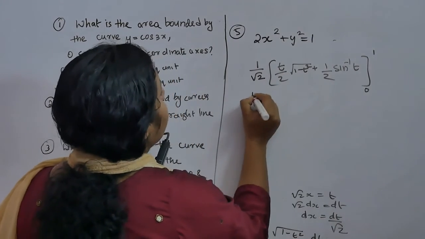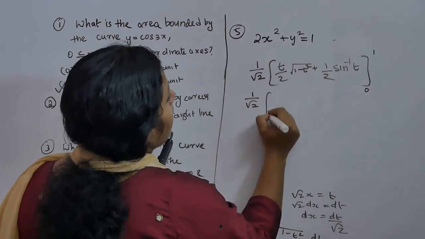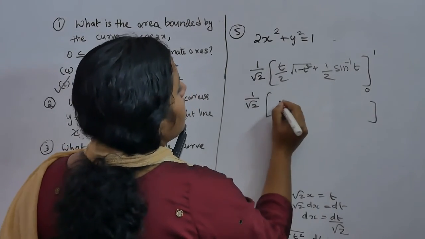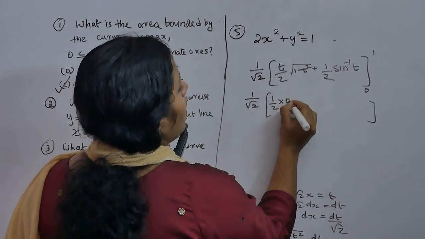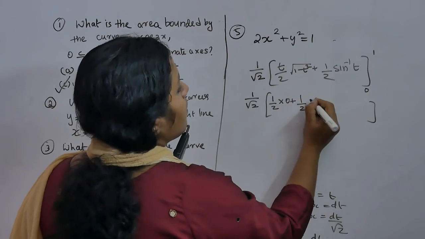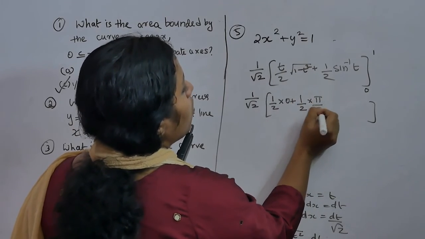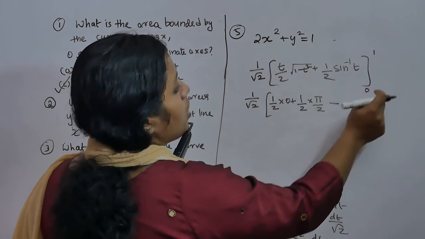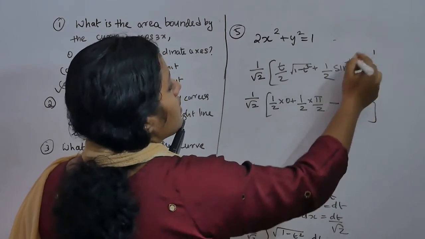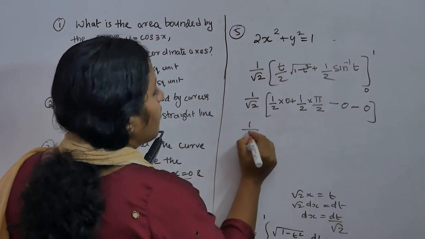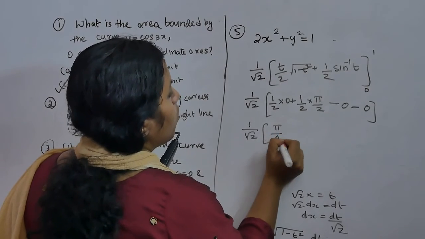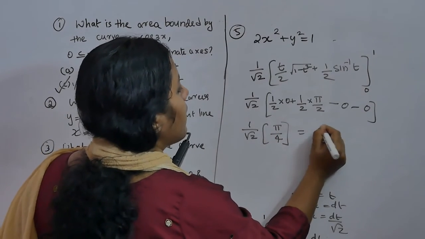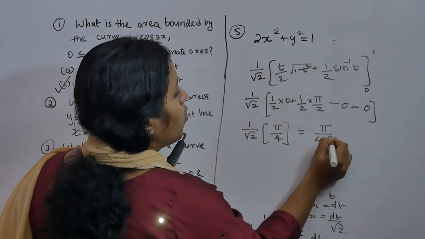Just apply 1 by root 2. t by 2 means 1 by 2, 1 minus 1 will go 0, plus half sine inverse 1 will become pi by 2, minus this will go 0 when we apply 0, minus sine inverse 0 is 0. So 1 by root 2 into this one, this is pi by 4. So that is pi by 4 root 2.